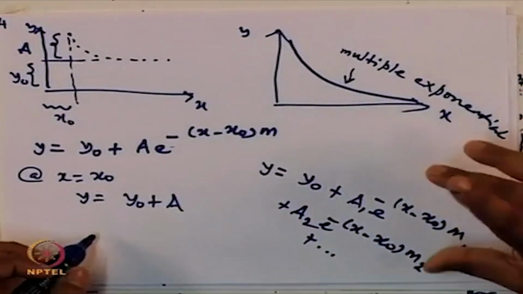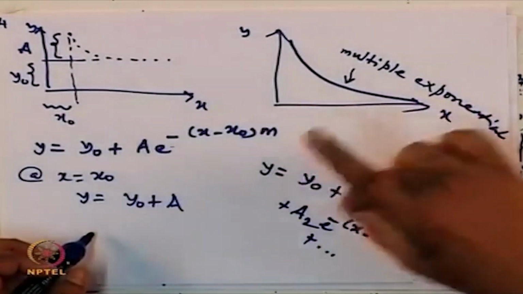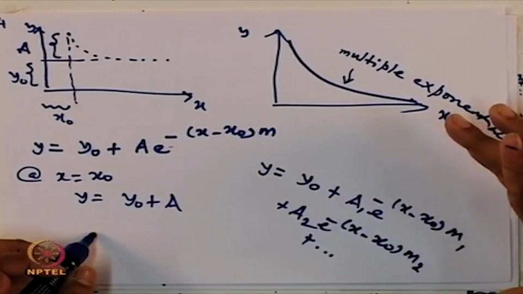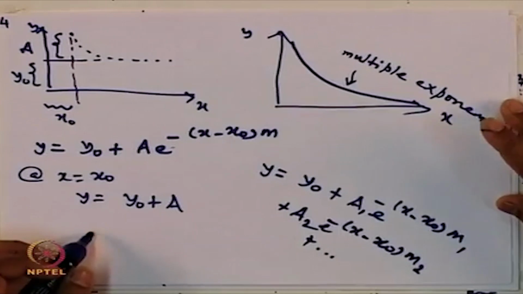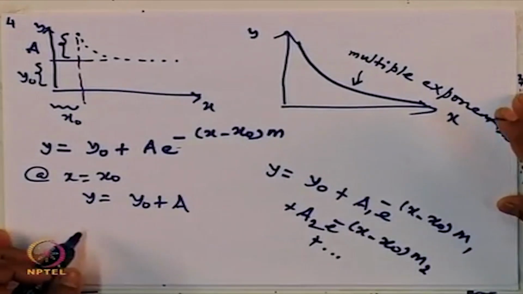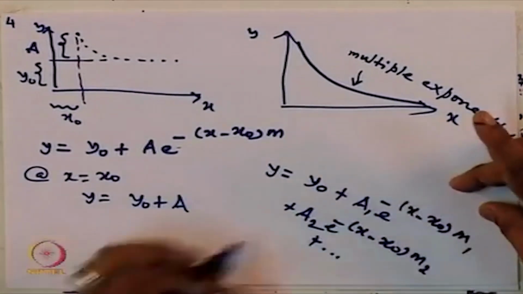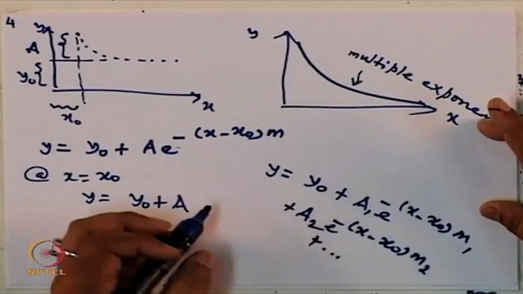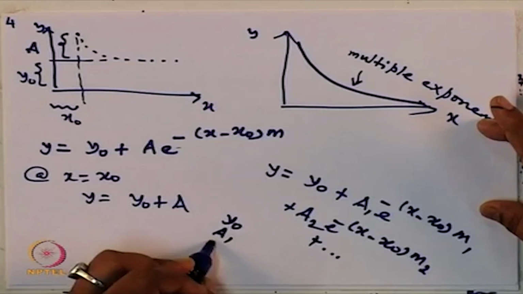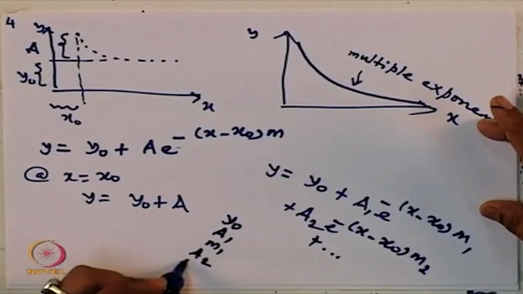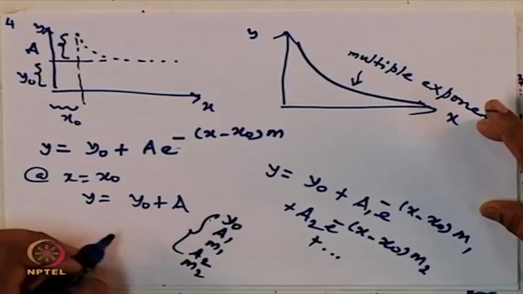Okay. But one of the dangers of increasing the number of parameters to fit is that there are more variables to optimize. So, what you are essentially doing is multidimensional optimization. You have multiple variables. So, for example, in this particular case you have y naught, a1, m1, a2, m2. So, you have 5 variables to fit.